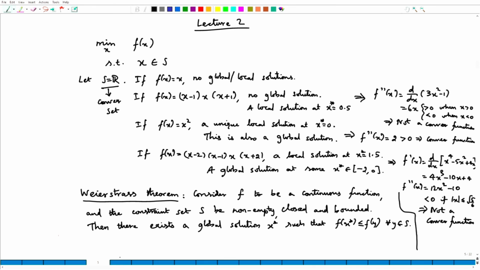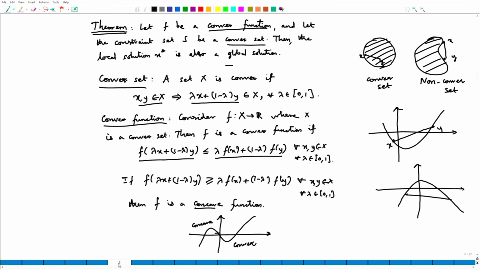Okay. So, coming back to the theorem, you can see that if it turned out that f were a convex function and the constraint set is a convex set, then the local solution x star of the optimization problem is also a global solution. Okay.